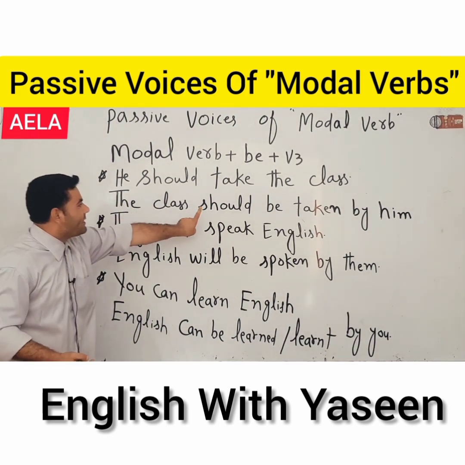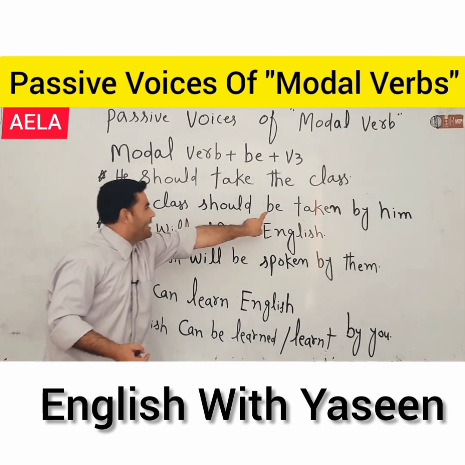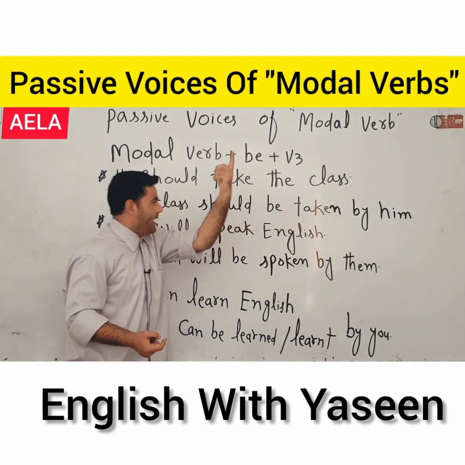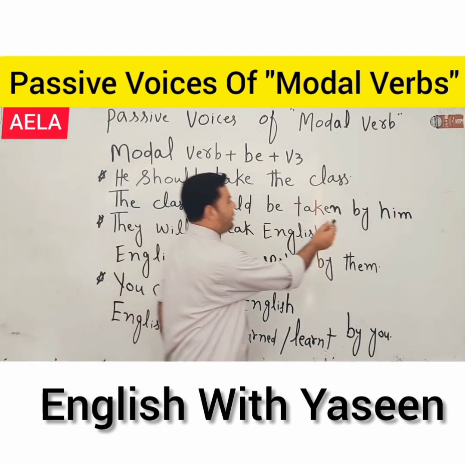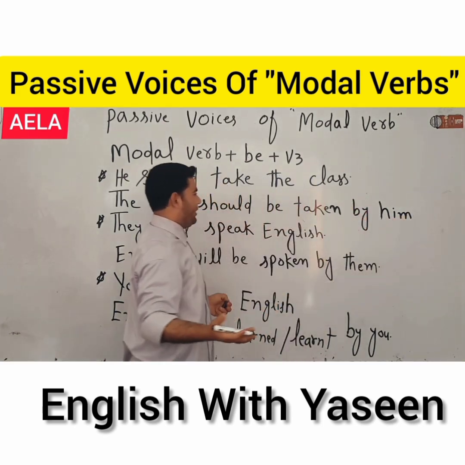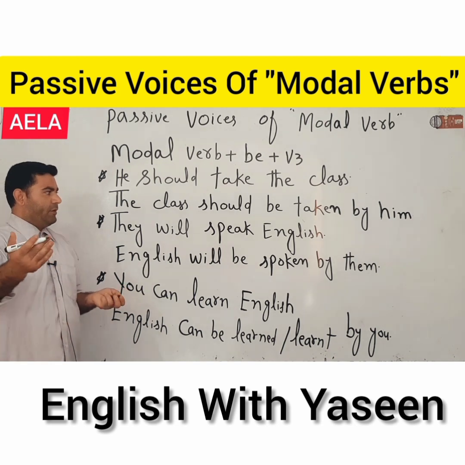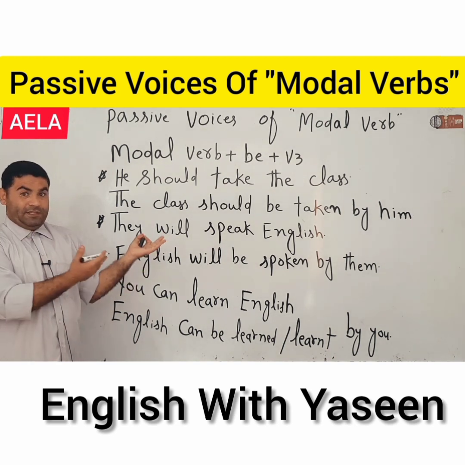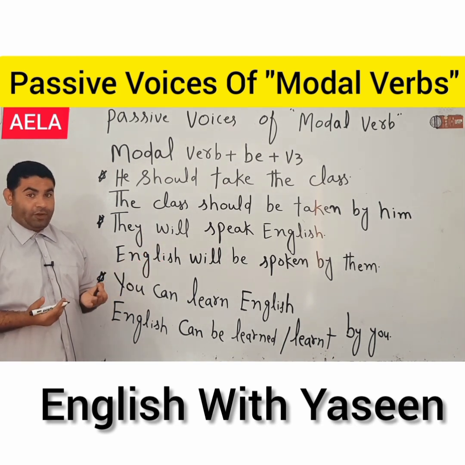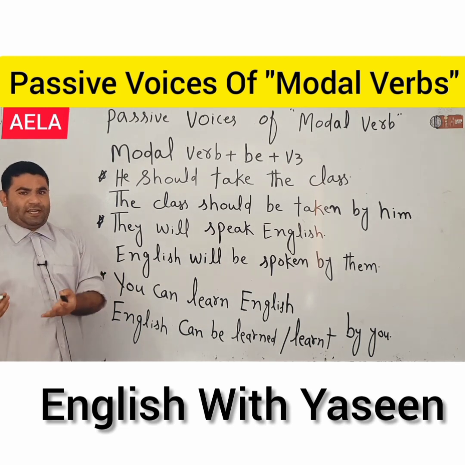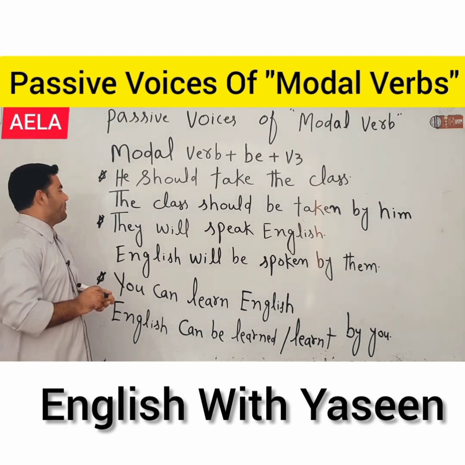And then that modal verb should, then be, and taken by him. In passive voices we use the third form of verb, then we use by if the subject is there in the active voice, and then we put the objective case.